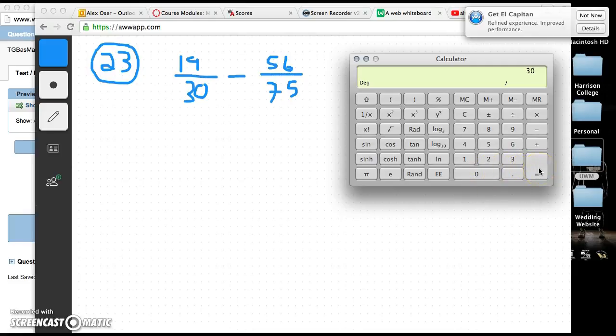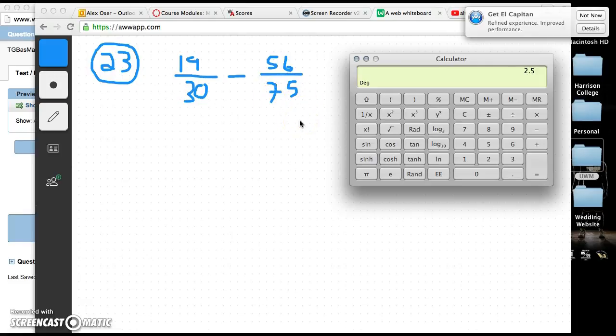What we're going to be looking for is whether or not we get a whole number as our answer. If you do have a whole number, that tells you that 75 is in fact a multiple of 30. If you get some sort of decimal, that tells you that it is not a multiple. And when we hit equals here, we see that that is 2.5. So this is a decimal, it's not a whole number, which means nope, 75 is not a multiple of 30.